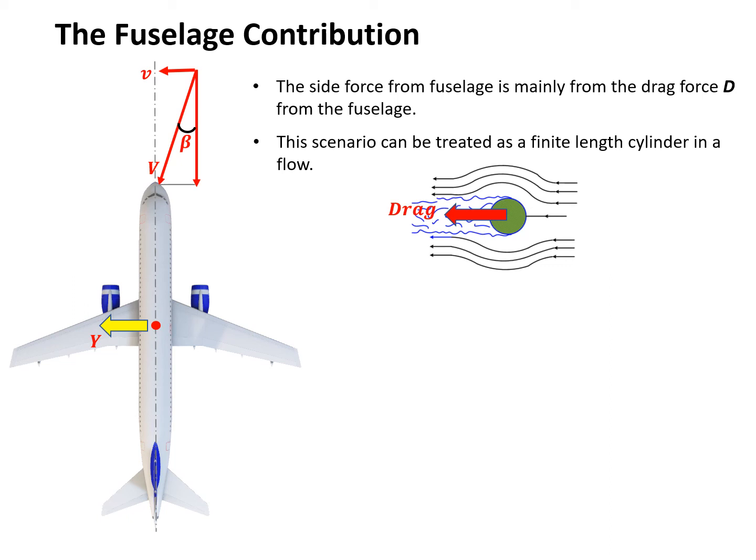Actually this simplified problem, a cylinder in a cross flow, is quite a classical aerodynamic problem. If we change the Reynolds number, for example increase the cross flow velocity, the flow pattern in the wake will be different.